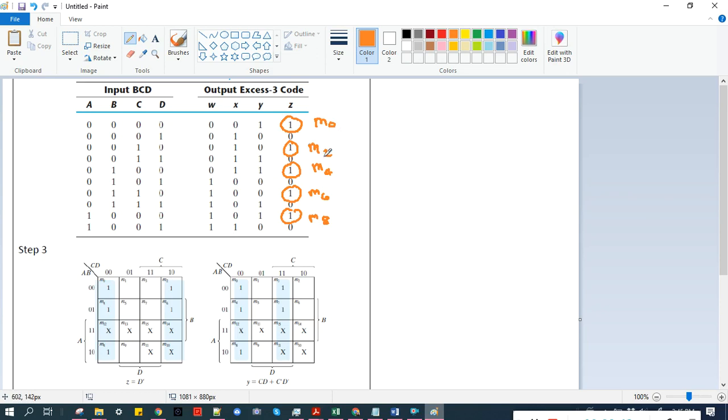Then 7 is 0, and 8 is 1, and then the rest is 0, 0, 0.